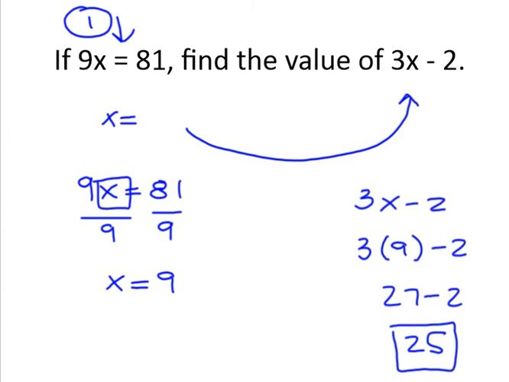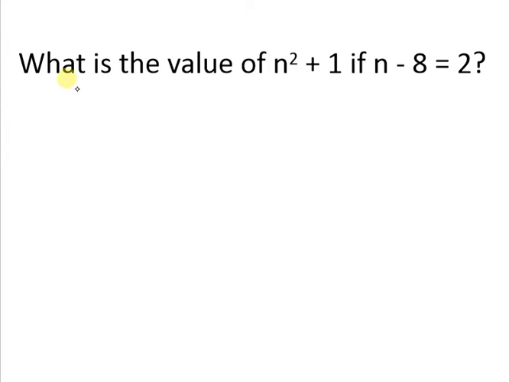Very straightforward. All right. What is the value of n squared plus 1 if n minus 8 equals 2? So, step 1, find the equal sign. Here it is. Solve this first. So, n minus 8 equals 2. Box your variable. Add 8 to both sides.